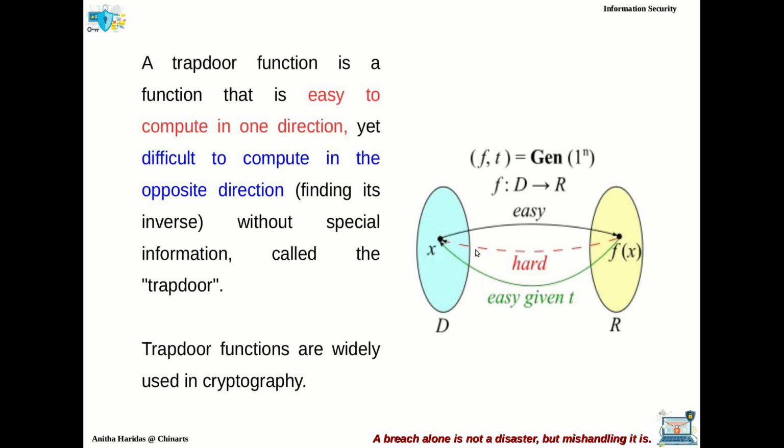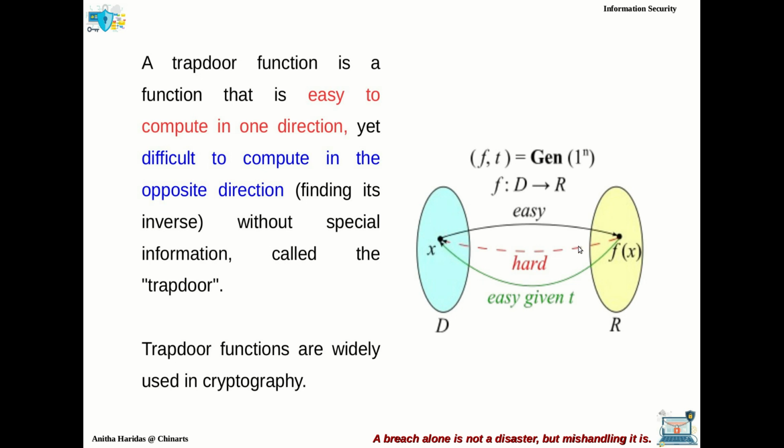You can observe here, this is the input value x. I am going to calculate f of x. Calculation of f of x is very easy. But the inverse is very difficult.